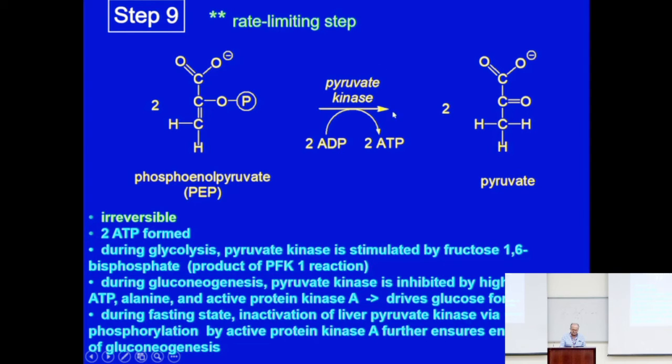So if you have a deficiency in this enzyme, you are removing 2 ATPs from the energy output of glycolysis.